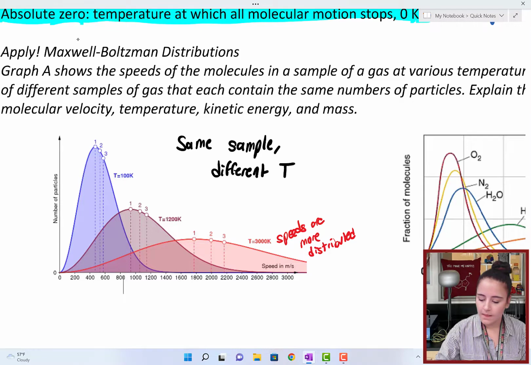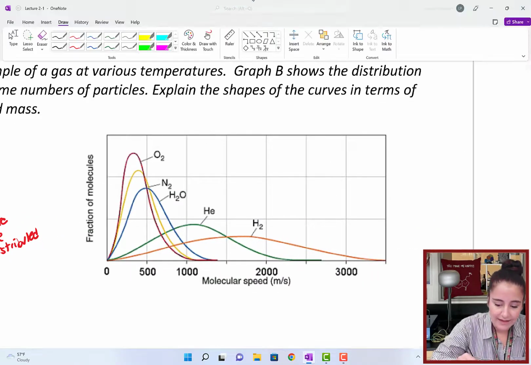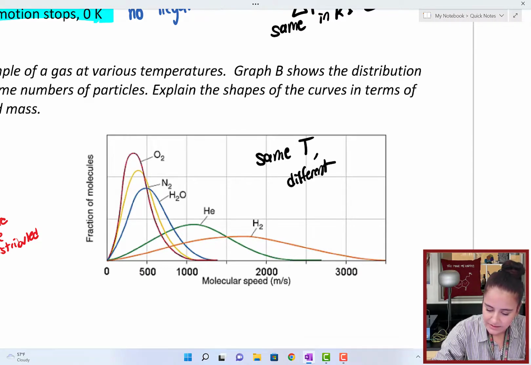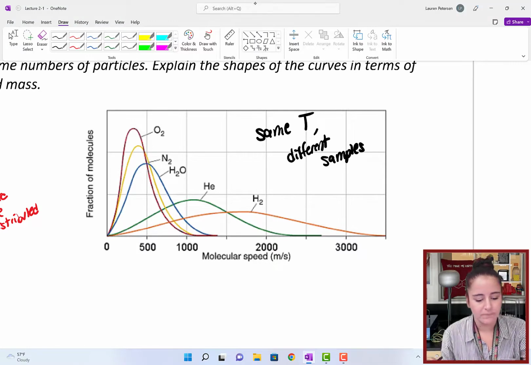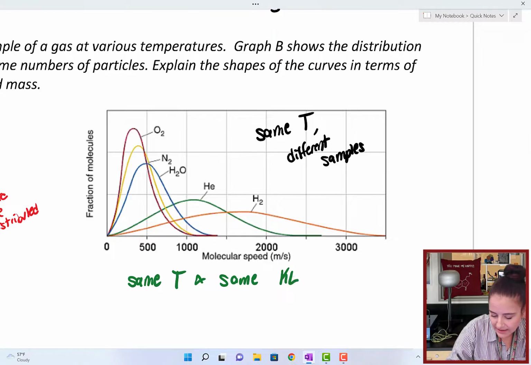Now in this one, these are all at the same temperature, but they have different masses. Same temperature, different samples, different gases. Now, if they're all at the same temperature, they should all have the same kinetic energy. But we have to remember that same temperature does mean same kinetic energy.